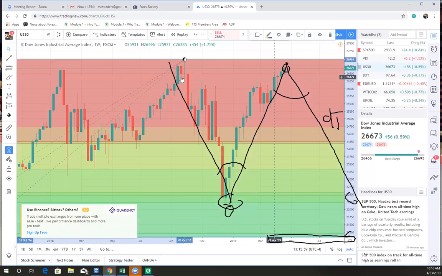The probability that it's going to keep dropping is highly probable. However, if you have a hangman or a shooting star on the top, then the price could potentially continue further to the upside.